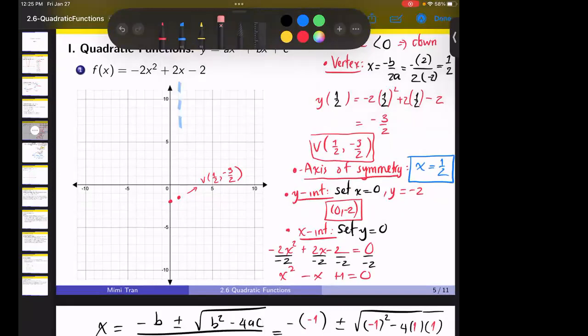Did I plot the wrong one? Maybe I should fix it a little bit. So 1/2 should be here, and then 2. I'm sorry, the scale is so bad. Axis of symmetry, x equals 1/2.